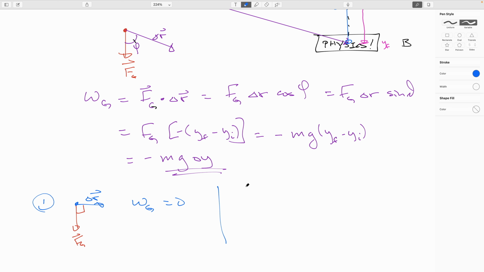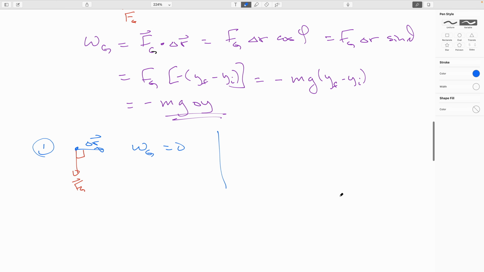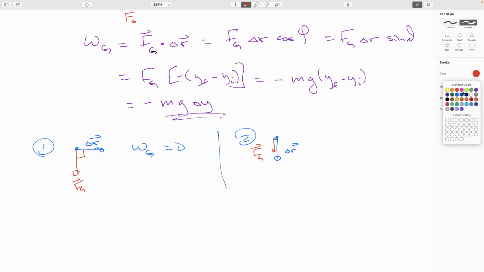Now, let's look along leg 2. Leg 2 is where we go straight down like that. So that's going to be my delta R pointing straight down, and gravity also pointing straight down. That's going to give me an angle phi that's equal to 0.